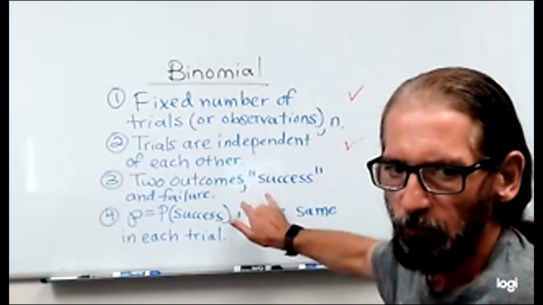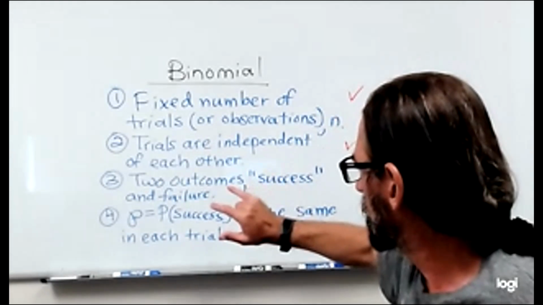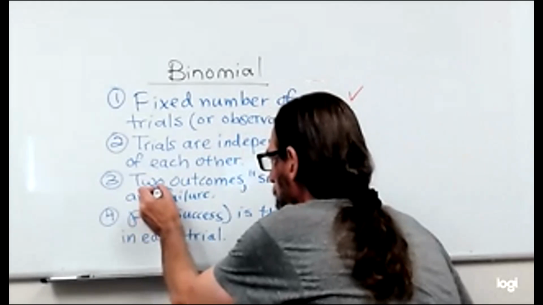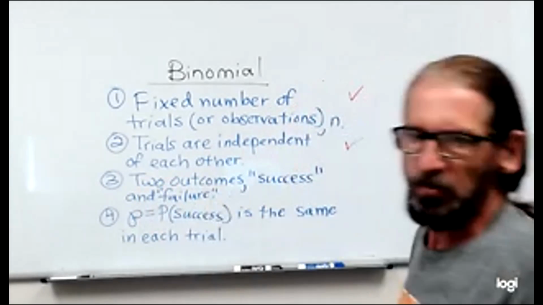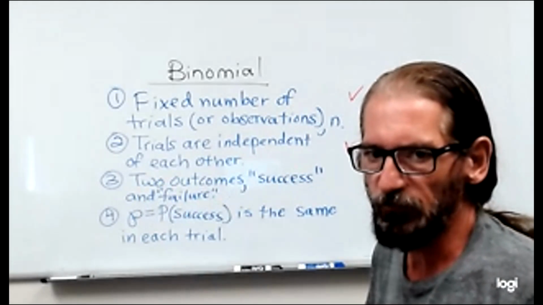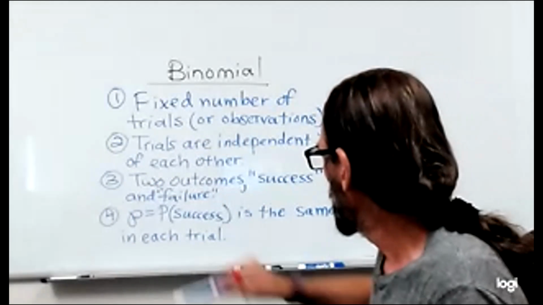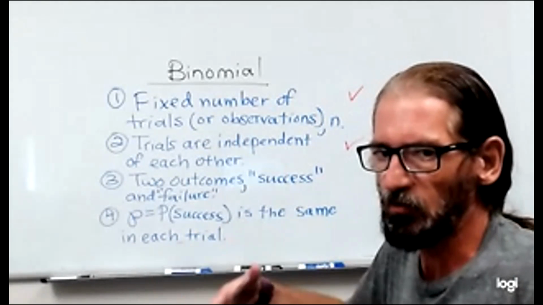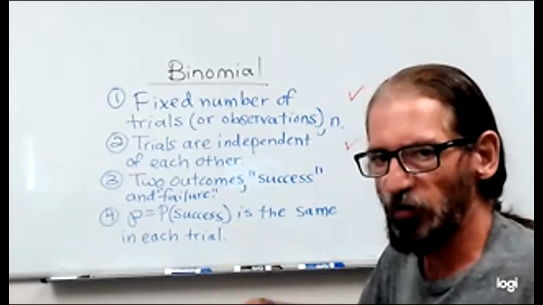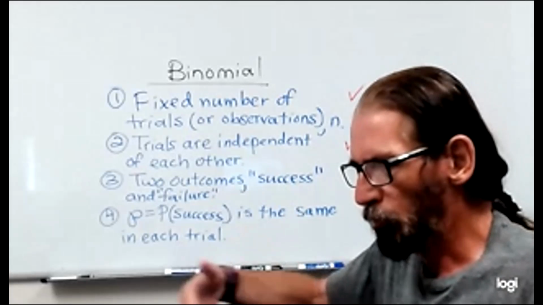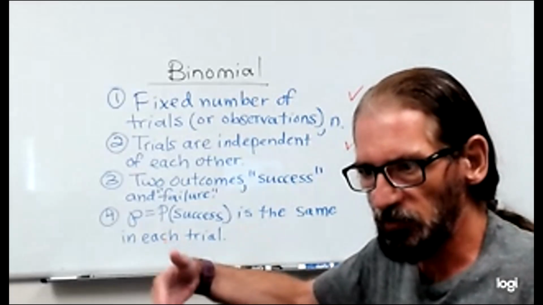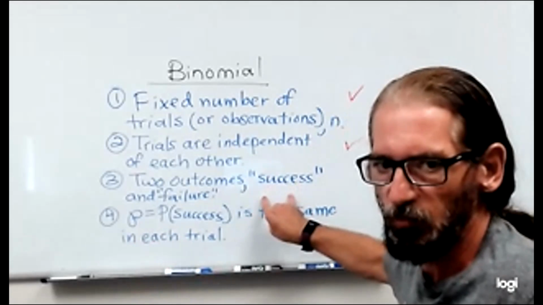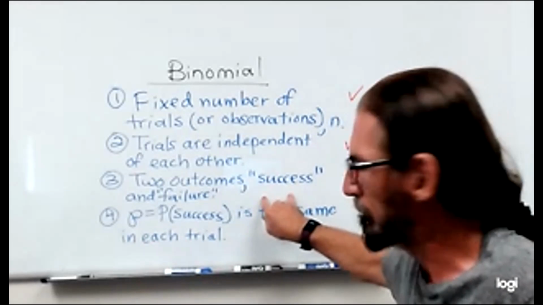Two outcomes. The outcomes here are that the patient experiences that certain side effect or they don't. Now, calling them success and failure sounds a little strange to me. Our concentration is going to be on whether that side effect is experienced, and so success is merely what we're concentrating on.